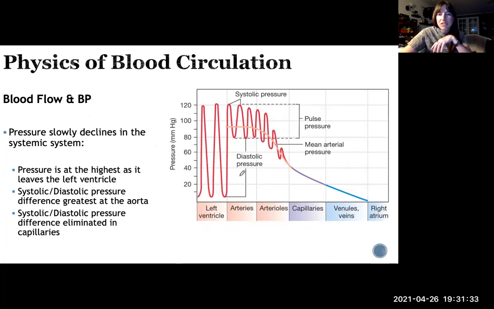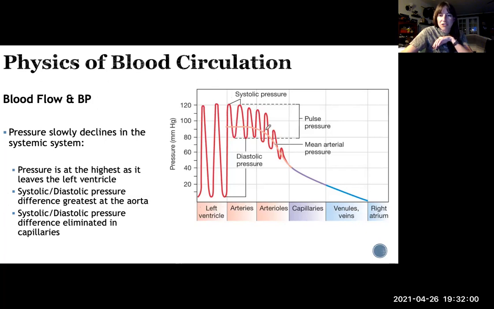All right, so this is kind of showing you the same thing as that other graph. From the left ventricle to the right atrium, blood pressure in millimeters of mercury is highest, of course, in the left ventricle. By the time you get into the arteries, it is lower, and this is what we actually measure, right? With our blood pressure cuff. Systolic is the high mark, diastolic is the low mark.